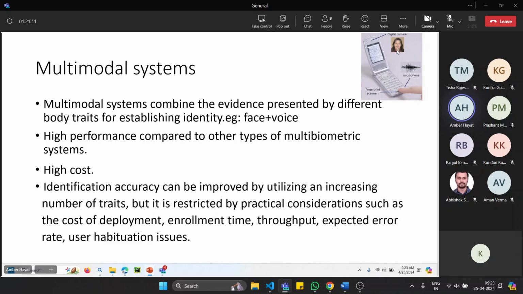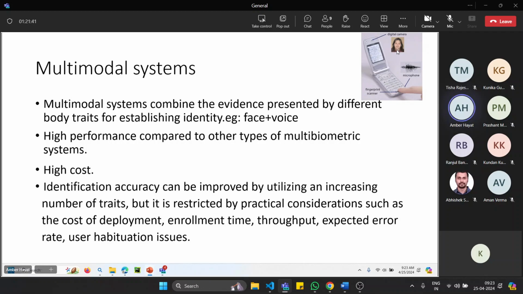If you ask somebody to give, let's say, a toe sample, since toe is also a biometric trait, people are not always comfortable removing their shoes and socks to give you the sample as authentication. So whatever trait you use in your system has to be acceptable to the user.